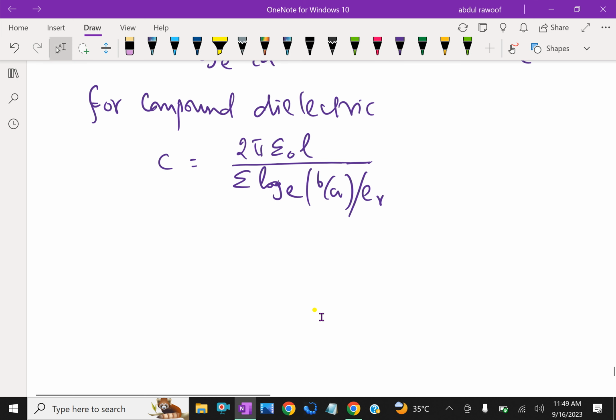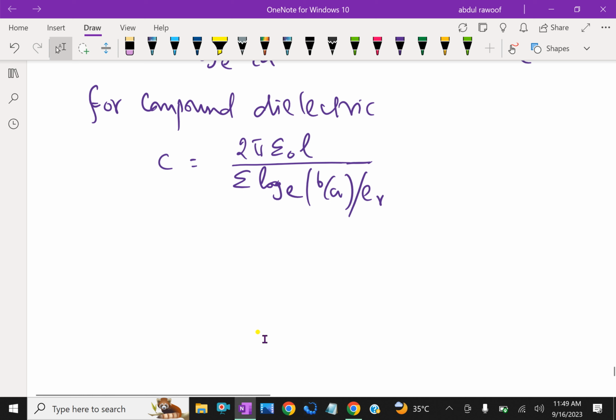For example, the capacitance of 1 kilometer length of cable in microfarad can be found by putting L equal to 1 kilometer in the above formula. We can get the value of capacitance for any length of the conductor.